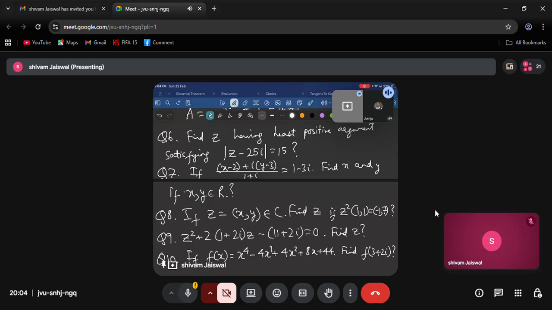For 6, you need to find out the value of Z. Yes, Agniba 6 is correct. Ahir 7 is correct. Adrito number 10 is correct. Ahir 6 is correct. Adrija 6 is correct.